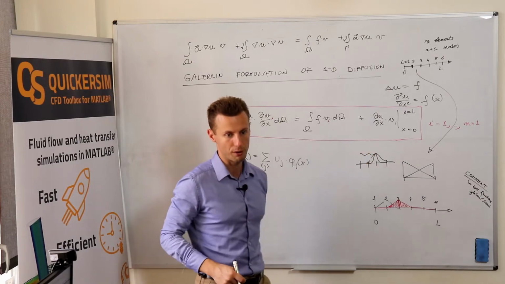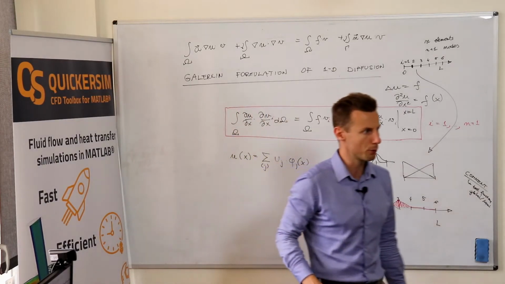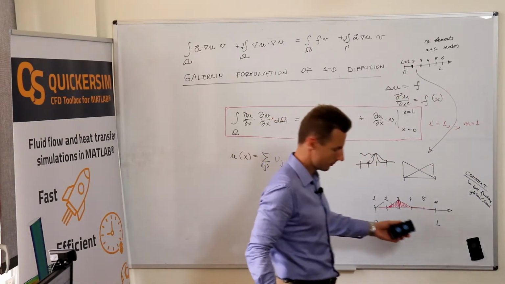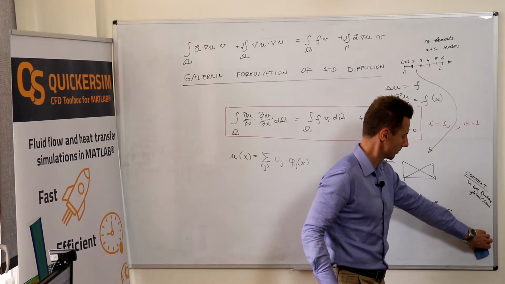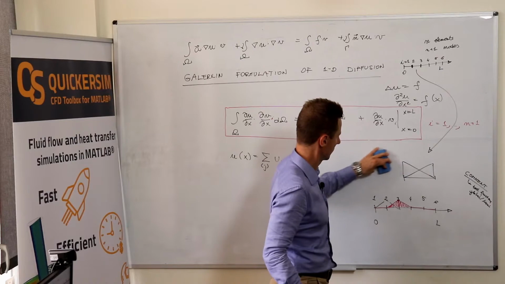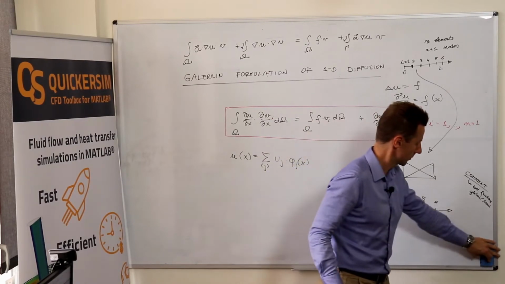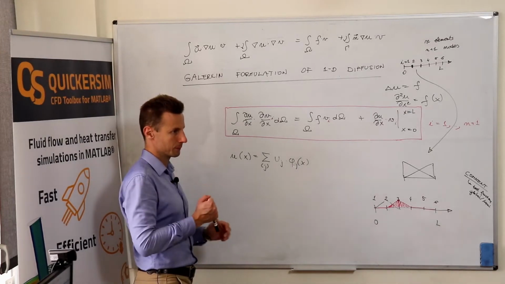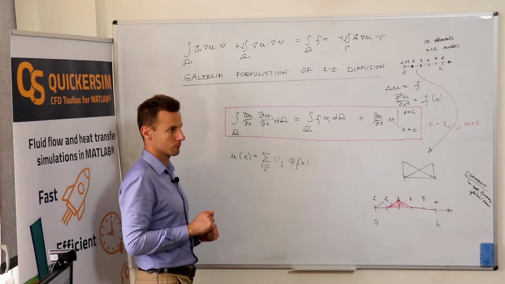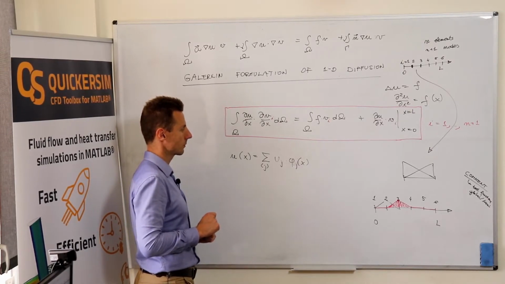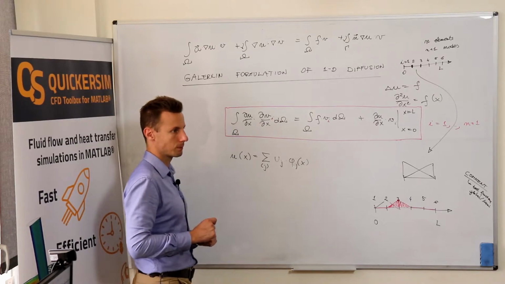So if they do not fulfill the partition of unity, they will be wrong. Just like if we assume that our solution is constant, because we have that formula for the u, which is the sum of u_j v_j, so if we got a constant solution and the same values in all nodes, and if the phi wouldn't fulfill that condition, we would not have a constant solution.